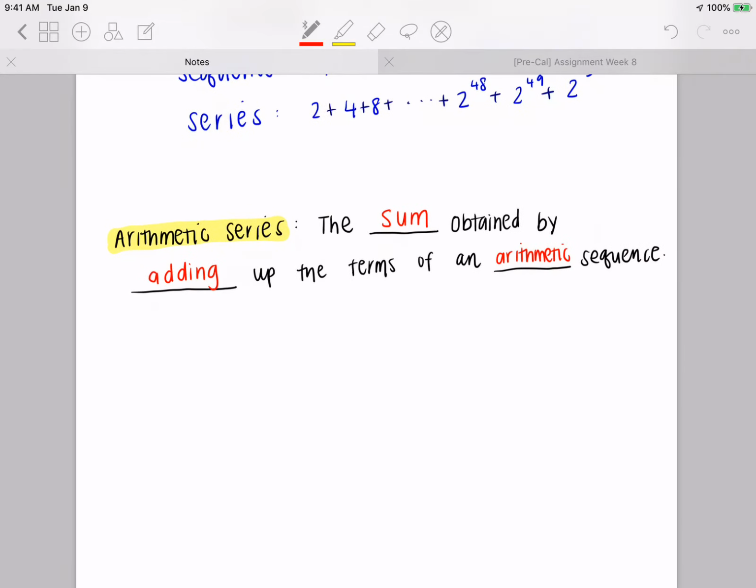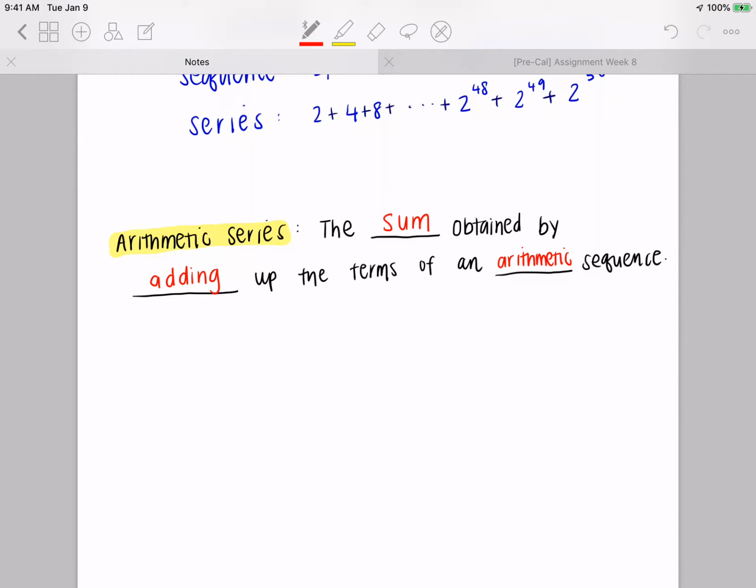Okay, so let me show you an example real quick. So if I want to add up, they would tell you to evaluate 101 plus 102 plus 103 plus dot dot dot plus 198, 199, and 200.